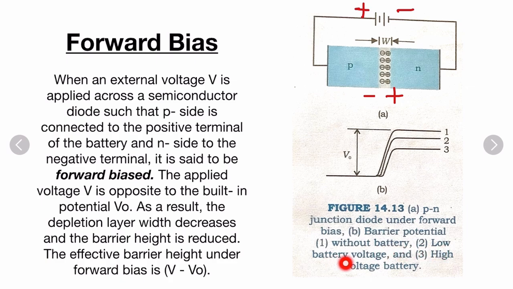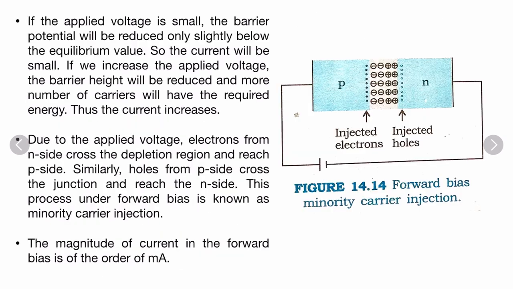Second is low battery voltage. Barrier height is reduced only a little here, that is number 2. Number 3, high battery voltage. So when the battery voltage is increased, the barrier potential is decreased to level 3. So this is how the barrier potential decreases with the increase in the forward voltage.